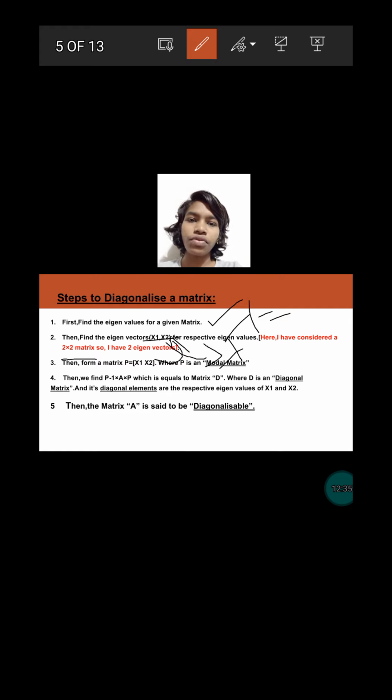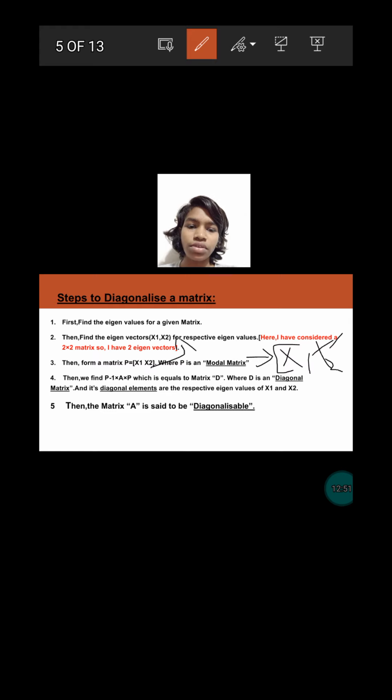Then we have to form a model matrix, that is P. The model matrix is formed by using eigenvectors. Here I have considered a 2 by 2 matrix. So suppose x1 and x2 are eigenvectors of a matrix, then by using that x1 and x2 we form a model matrix.